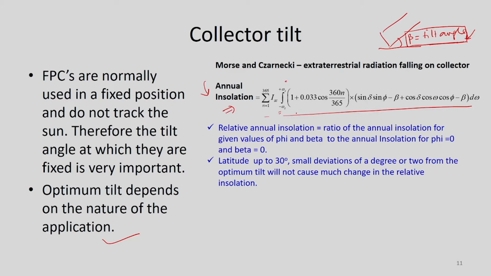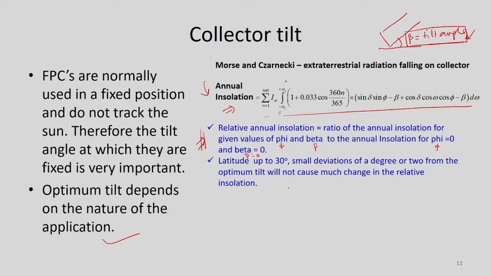They defined a term called relative annual insolation, which is the ratio of the annual insolation for given values of phi and beta to the annual insolation for phi equal to 0 and beta equal to 0. Once we know this, we can conclude many more things.